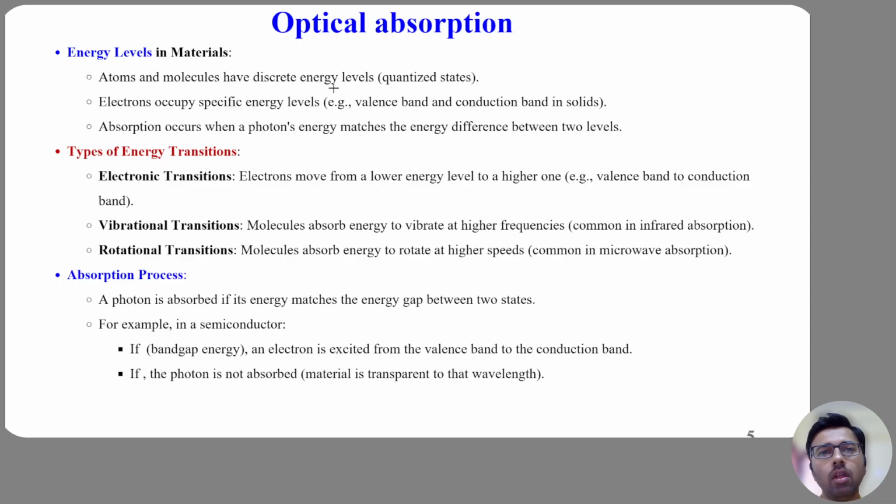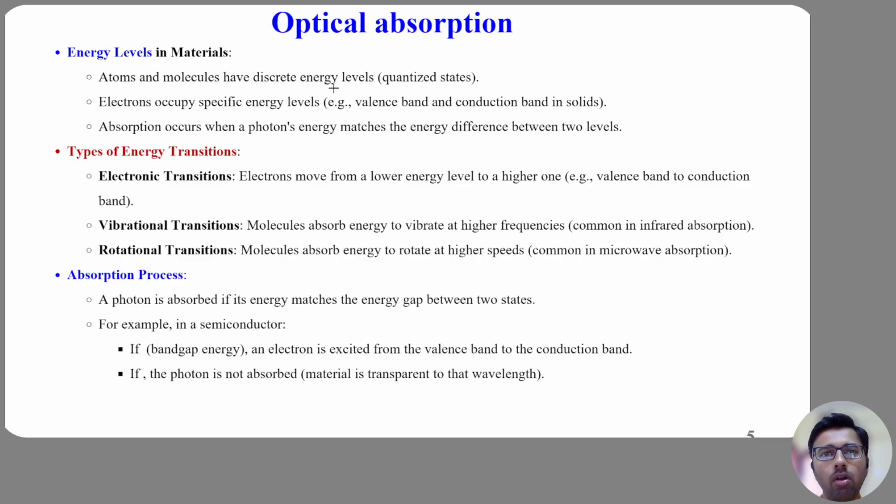Next, an important question arises: why does a material absorb only specific wavelengths of light? The answer lies in quantized energy levels. Atoms and molecules possess discrete energy states. Electrons cannot exist at arbitrary energies.